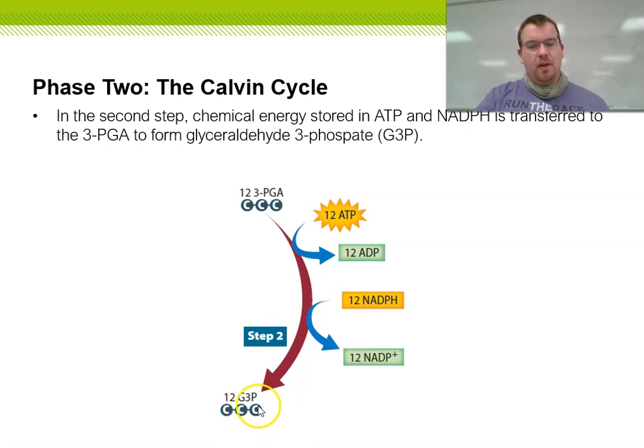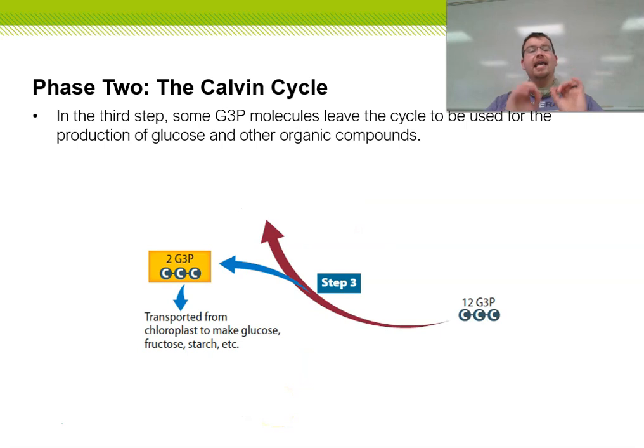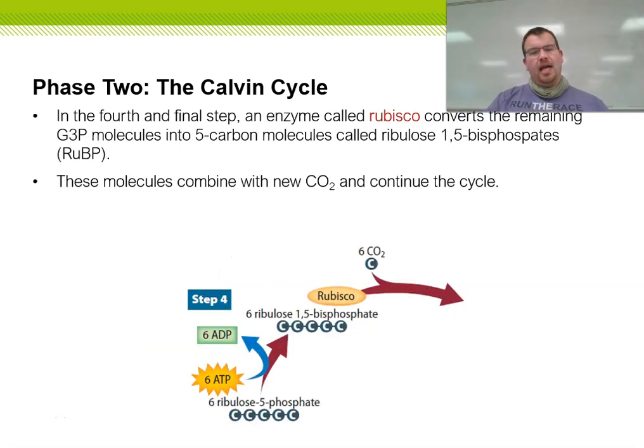So now we have 12 G3P sitting here. In the third step, some G3P molecules leave the cycle to be used for the production of glucose and other organic compounds. Some of these, for example, are fructose and starch, and there can be others.